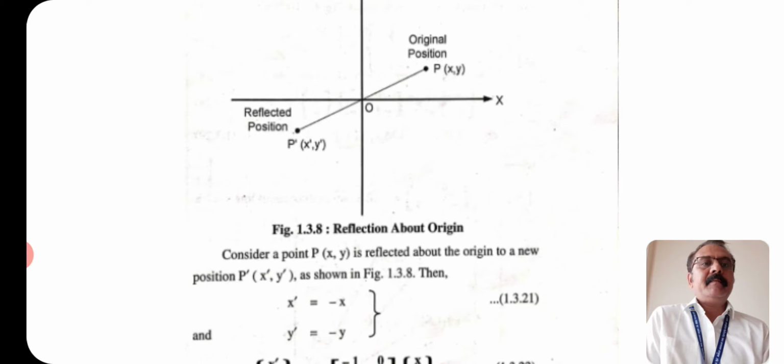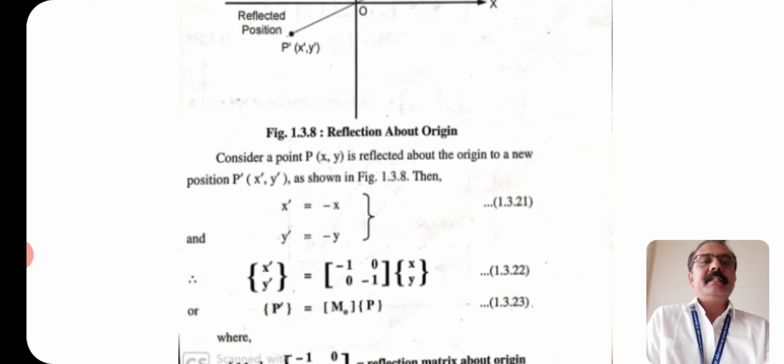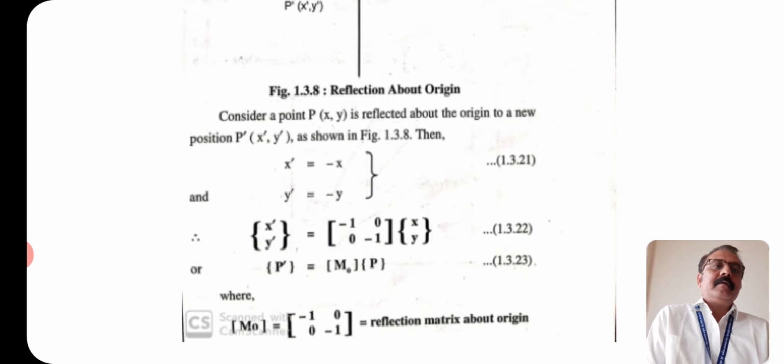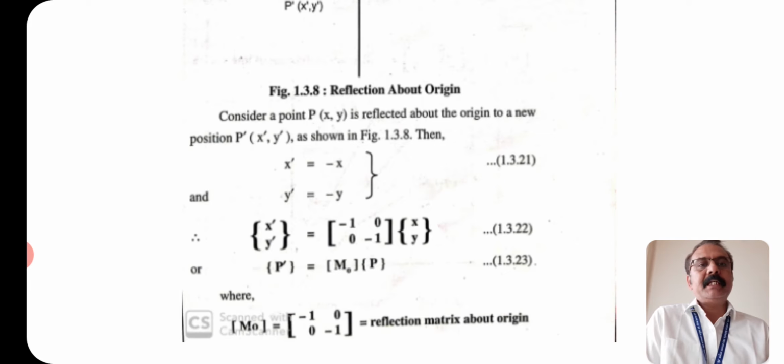Therefore the reflection matrix about origin is [-1 0; 0 -1]. Again the mathematical formula is the same. The new position is achieved by just multiplying the original matrix to the reflection matrix about the origin. Therefore [x' y'] is equal to the mirror matrix or reflection matrix about the origin, [-1 0; 0 -1], into the original matrix.